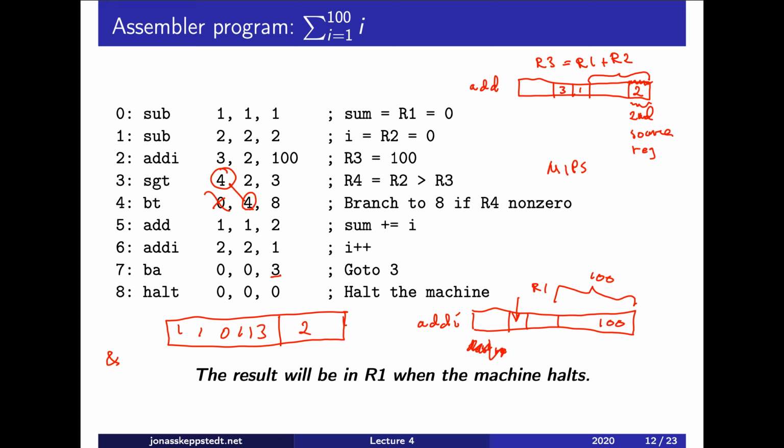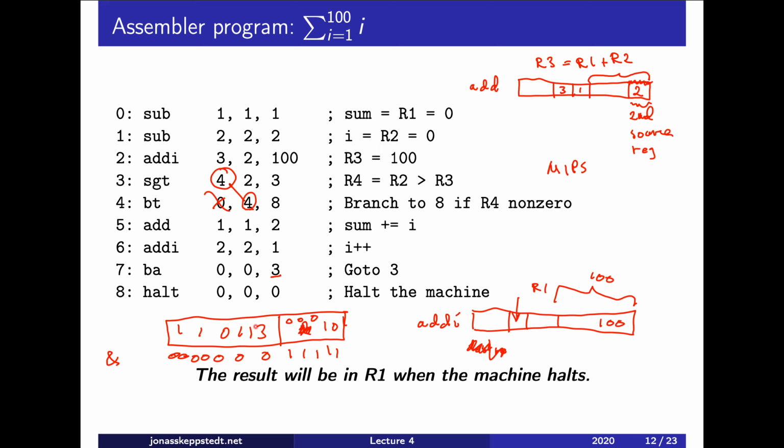So, sorry, it's 5 ones. So 1, 2, 3, 4, 5. Okay, and the rest here will be zeros. Okay, so this is the way to extract. Maybe we should write this 2 in binary instead. Okay, so it should be like this.